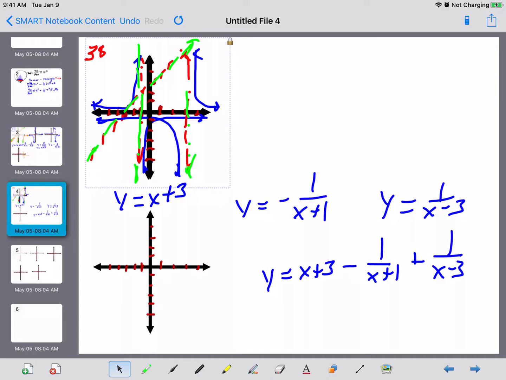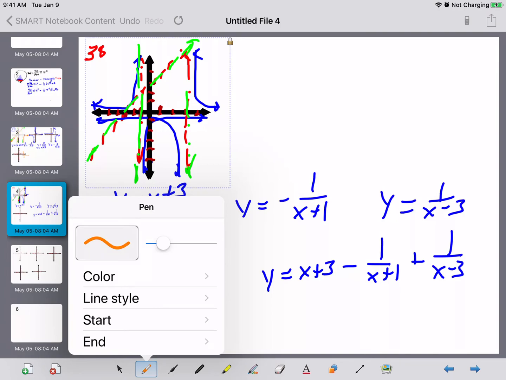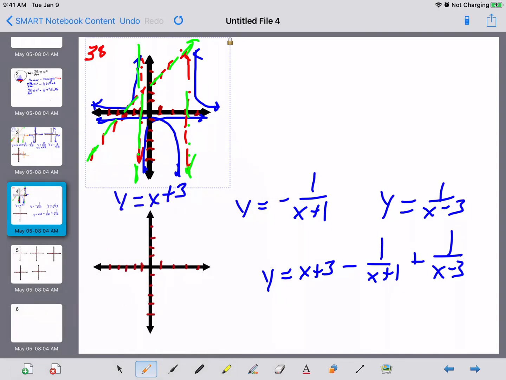Now, when I'm looking this over, I have a general form of my graph, and I'm going to do that orange again. I'm not going to cross my vertical asymptotes, so I know I'm going to have a graph of this shape here, and I know I'm going to have this general shape coming through.